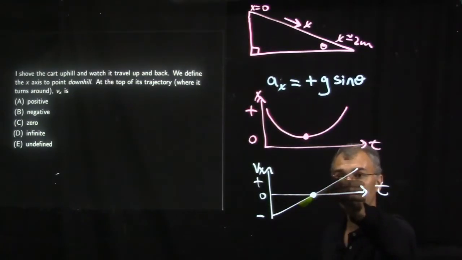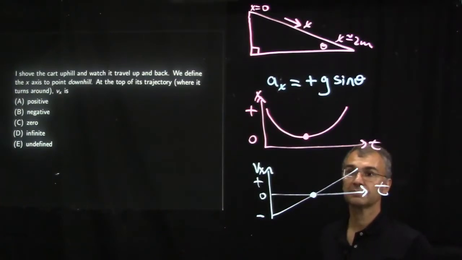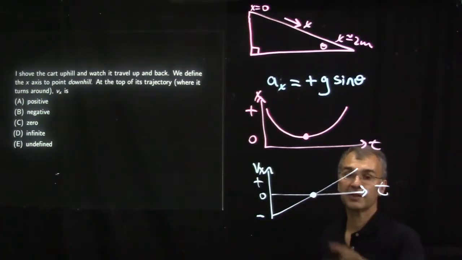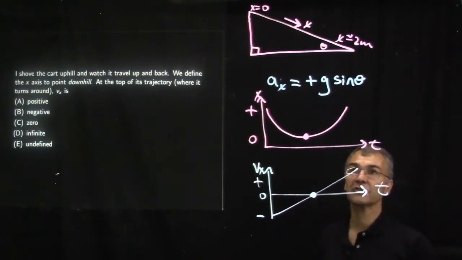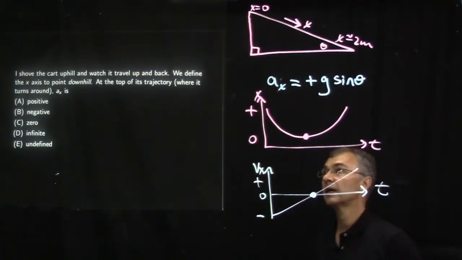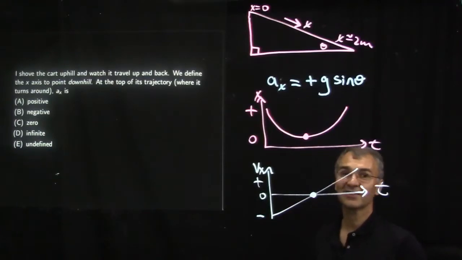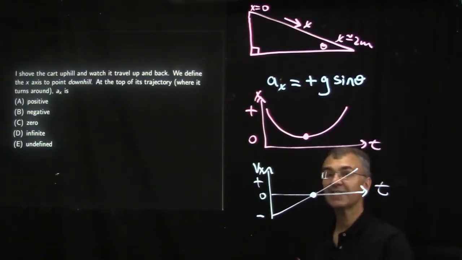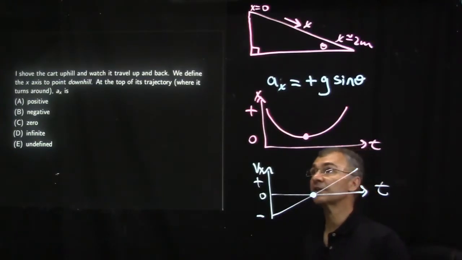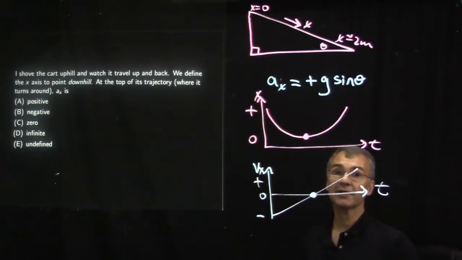And so v sub x equals 0. Notice the acceleration is constant, but at this instant v sub x passes through 0. Now, by the way, I guess I just gave it away. At that instant where the cart turns around, what is a sub x?